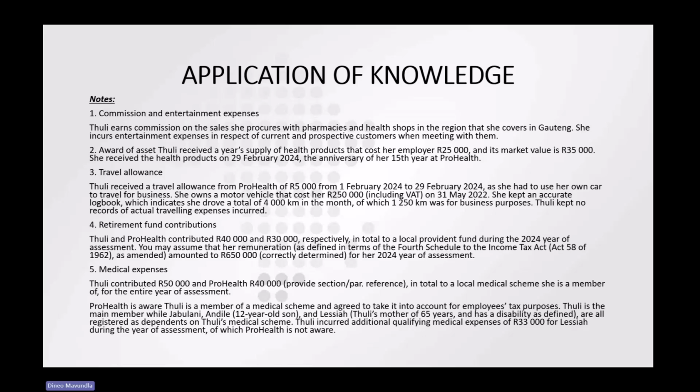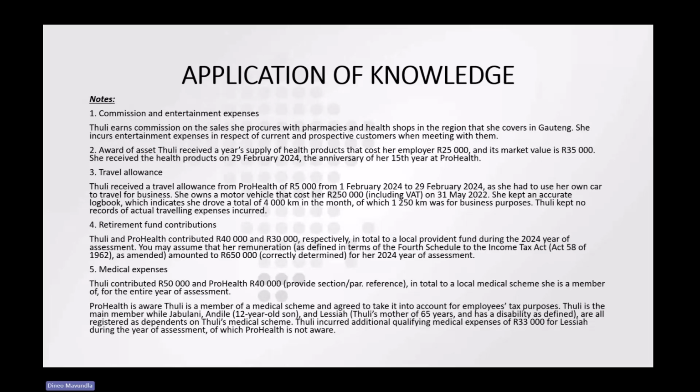So the contribution of 40,000 and 30,000 rand, will we include both as her contribution, or would we limit it to just her own contribution? We include both. Yes, 100%.